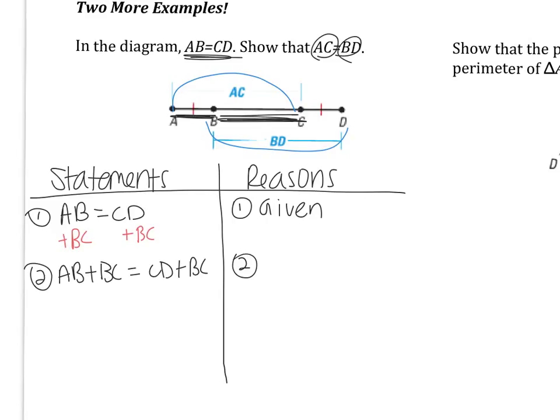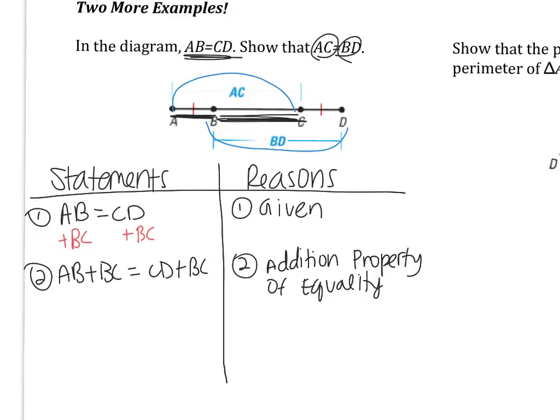Okay, now the reason I can do that is by the addition property of equality. Okay, so I can add the same number to both sides. So in this case, I added BC to both sides.